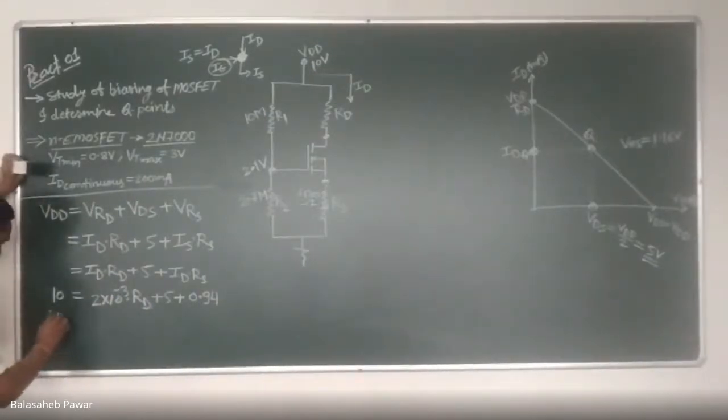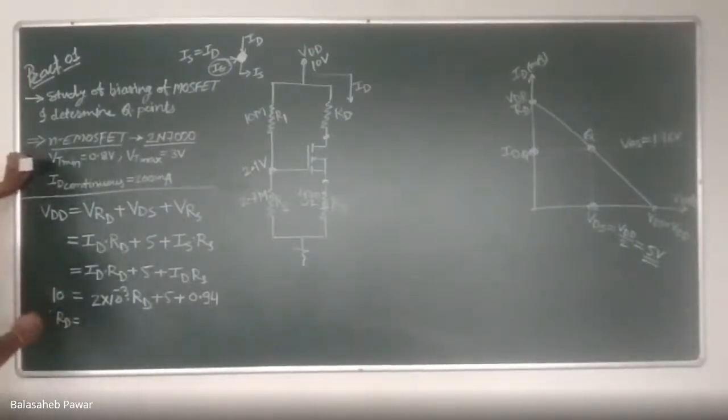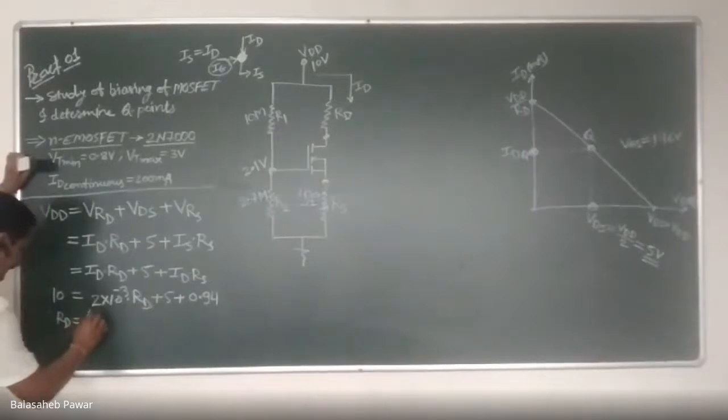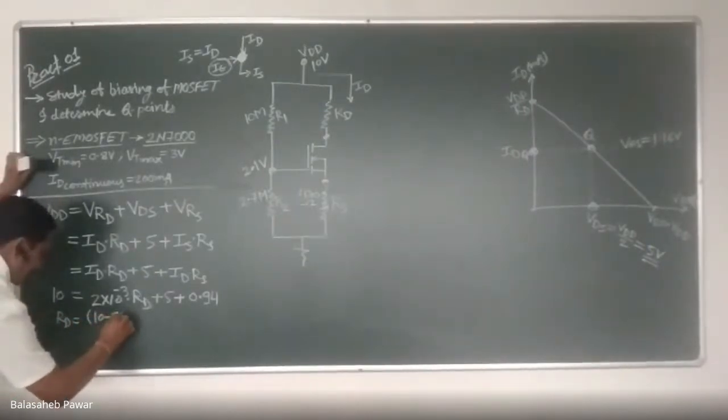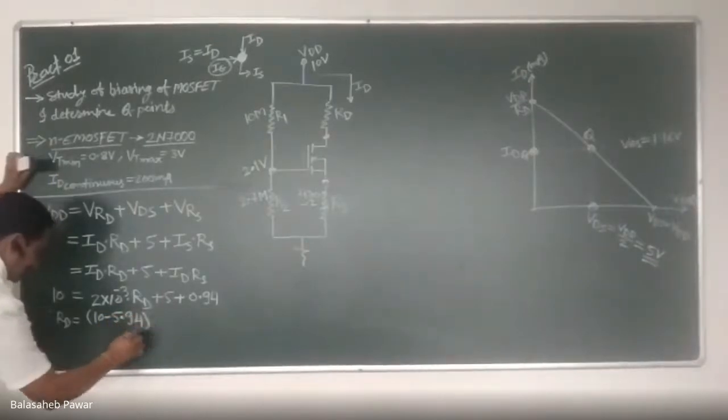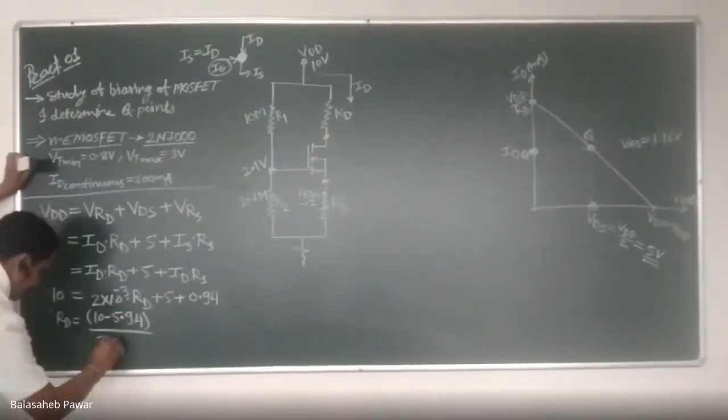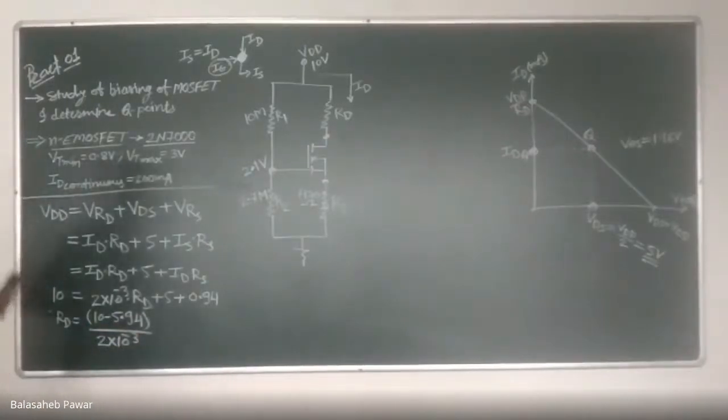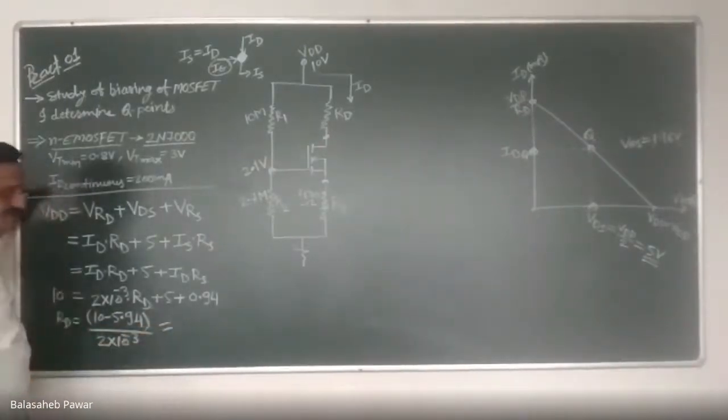Therefore, RD equals to 10 minus 5.94 divided by 2 into 10 raised to minus 3. Therefore, the value of RD.